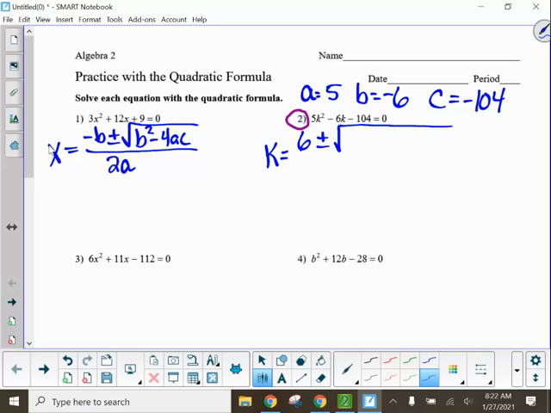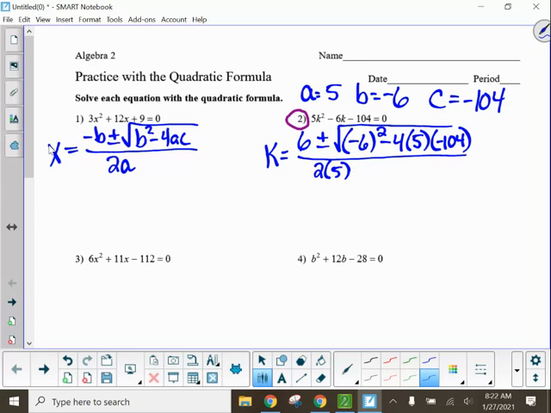Then I have the square root of my b term squared. So notice how I put that -6 in parentheses whenever I square it. And then minus 4 times my a term times my c term. And that's all over 2 times my a term.